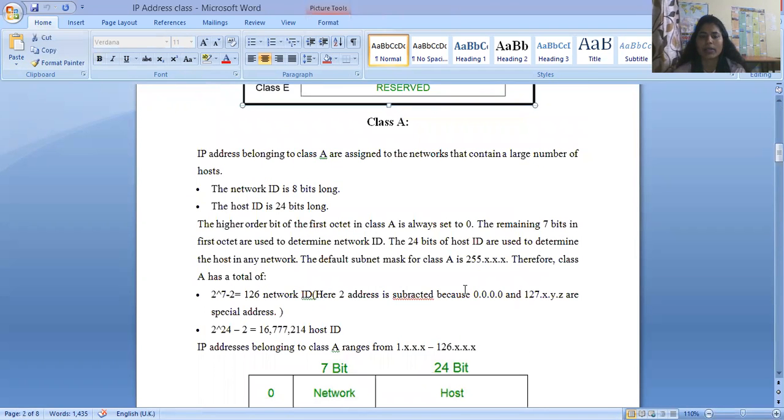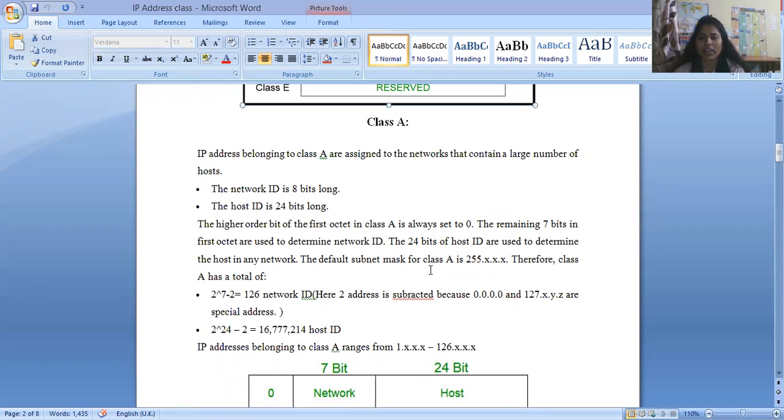So the network ID is 8 bits and the host ID is 24 bits, with the higher order bit of the first octet in class A always set to 0. The remaining 7 bits of the first octet are used to determine the network ID. The 24 bits of host ID are used to determine the host in any network.